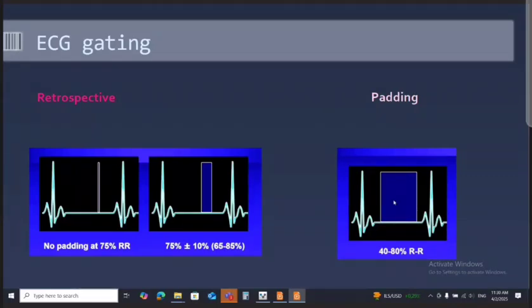And in this case, we cannot perform cardiac function, but we can have images at the systolic and diastolic phases of the cardiac cycle, so we can interpret the coronary arteries at the systole and diastole. The prospective imaging with padding, a widening of the window, also allowed for reduction of the dose as compared to the retrospective, but not as compared to the prospective imaging without padding.